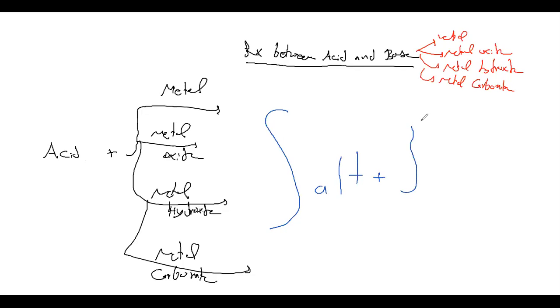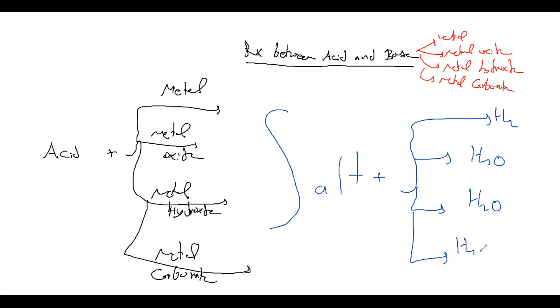Plus, in case of metal, it will produce hydrogen. Metal oxide will produce water. Metal hydroxide produces also water, but with a different balance. Metal carbonate will produce water and carbon dioxide. So all of them will produce salt, salt plus hydrogen, plus water, plus water, plus water and carbon dioxide.